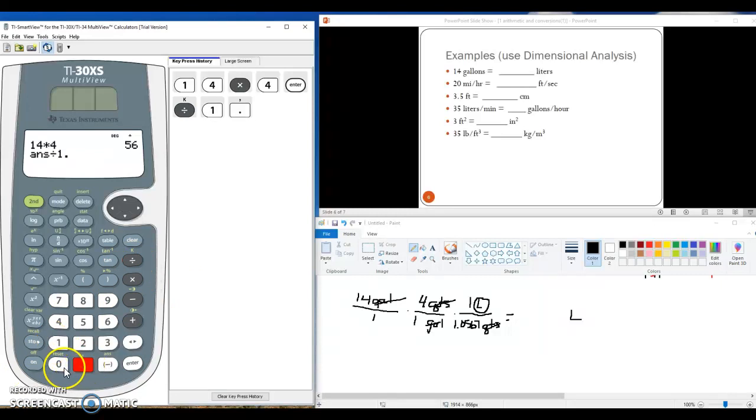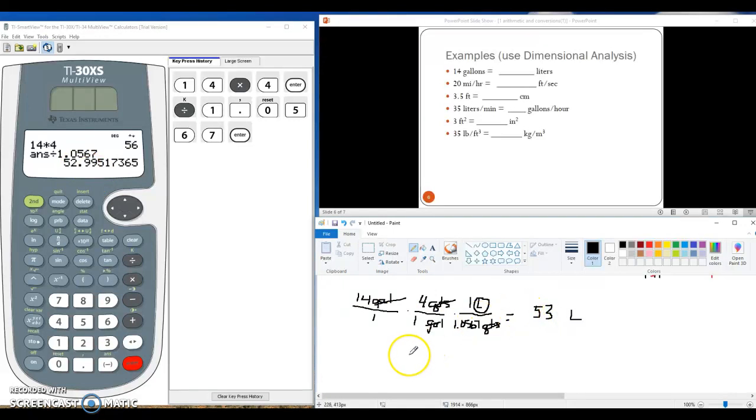So I'm going to divide by that amount. And I get my answer. Now, my math lab, where you do your homework, will give you directions on how to round your answer. Please follow the directions. Here, we'll say that this is approximately 53 liters.